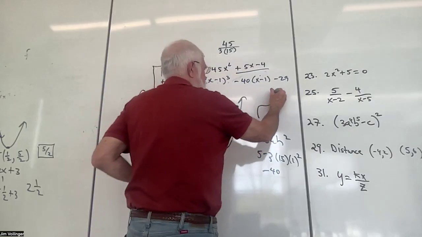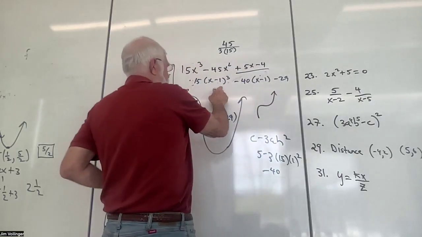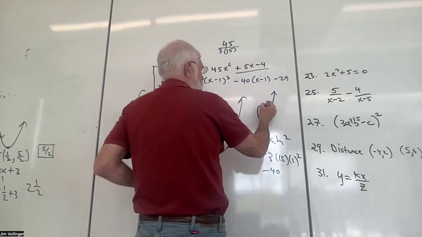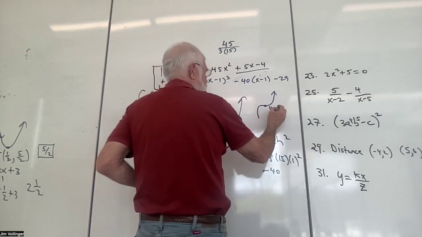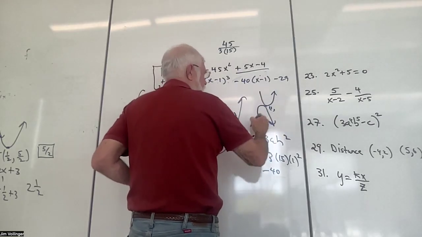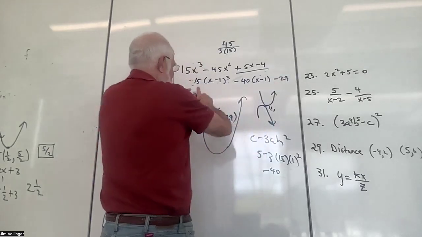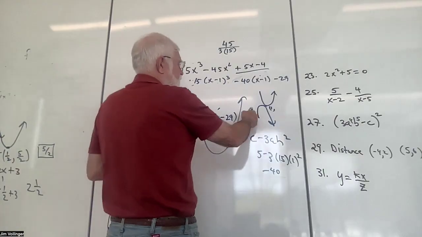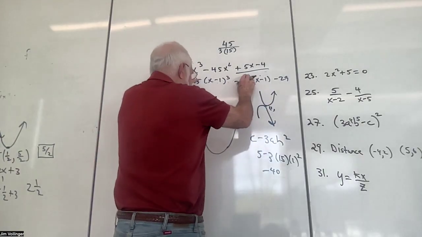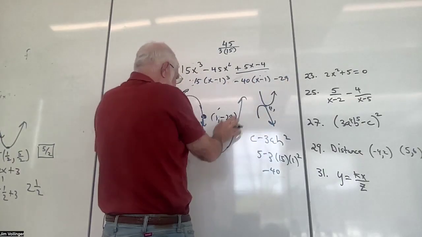That's a cubic that looks like this, and it's changing. Minus 40 goes through 1. They both go through x equals 1. Looks like that. Well, if I add up the y values along with minus 29, that's what's going to get me each y value from each contributor. Minus 29 gets me this picture.